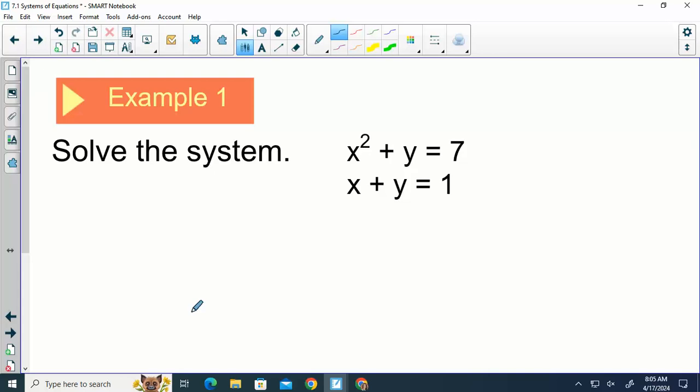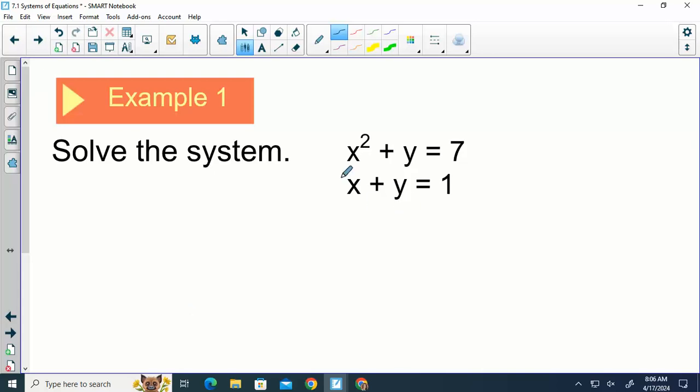Well, I wouldn't eliminate the x squared because then we still have the x and y. It would be easier to eliminate the y because then we have an x and an x squared, so it's something we could factor. So you basically want the same variable, but it's okay to have multiple exponents with it.